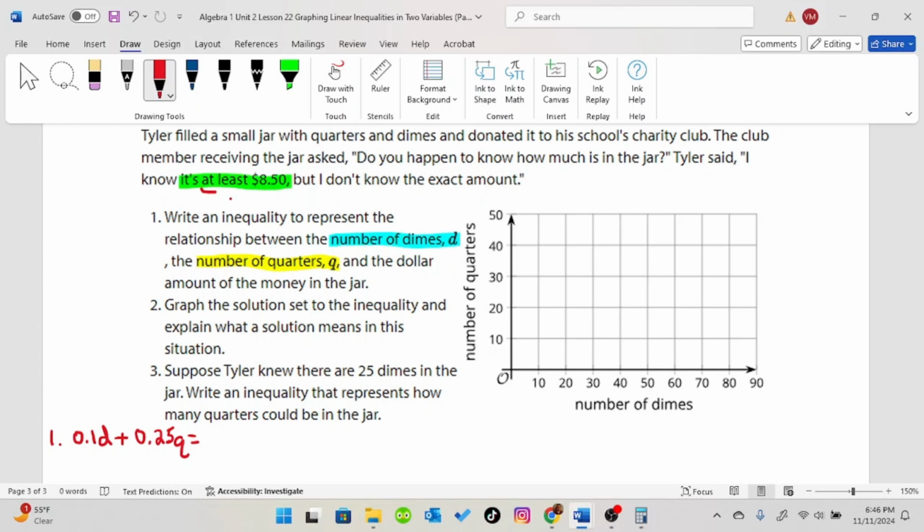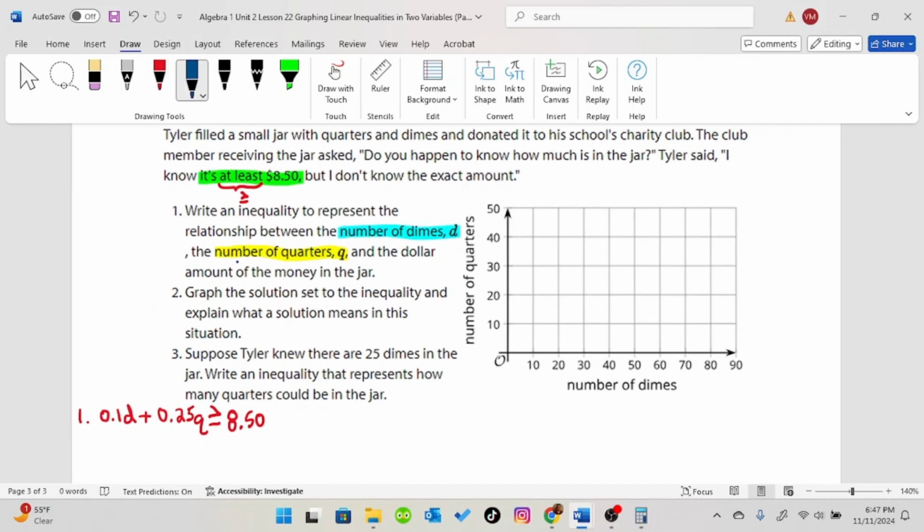The words "at least" tell us greater than or equal to. So we don't use equals, we use greater than or equal to 8.50.